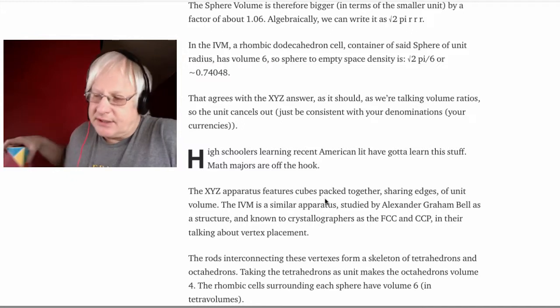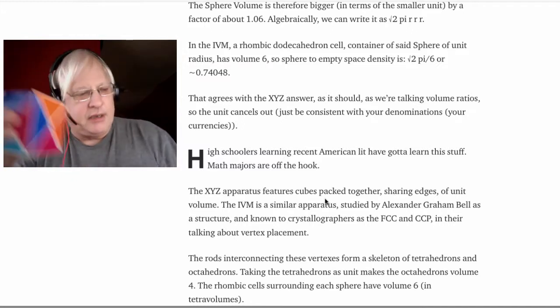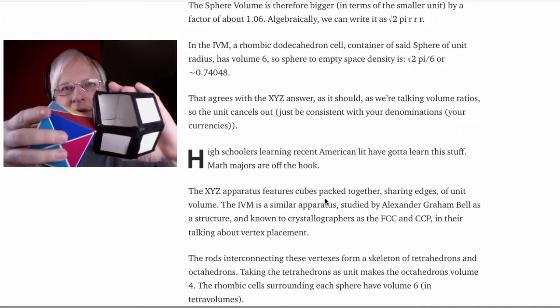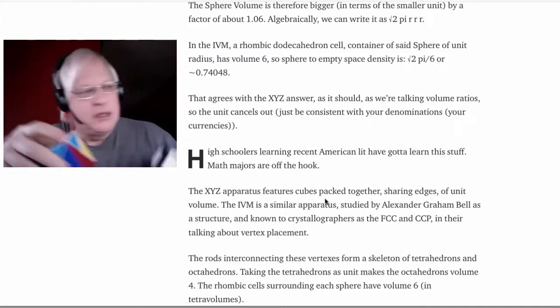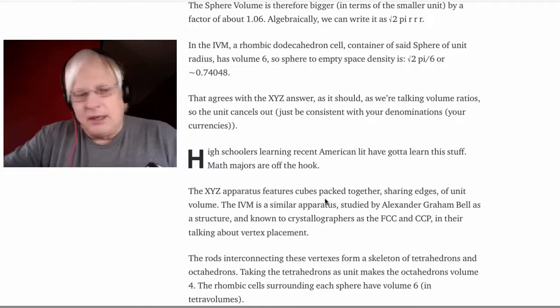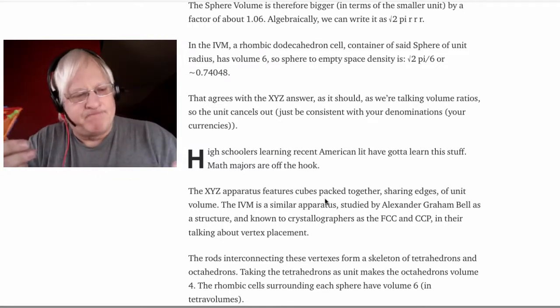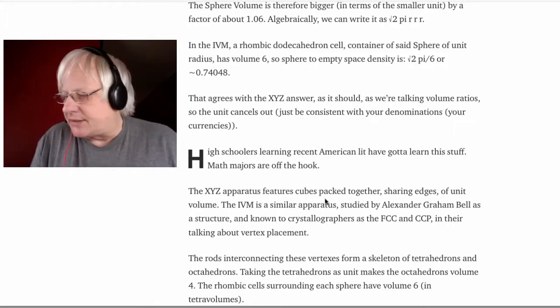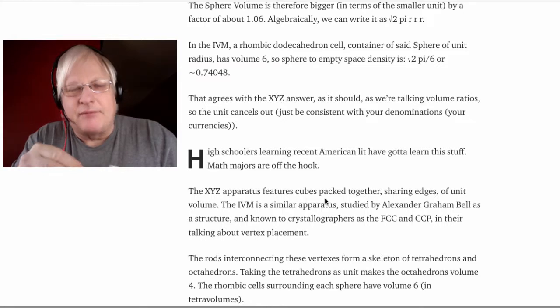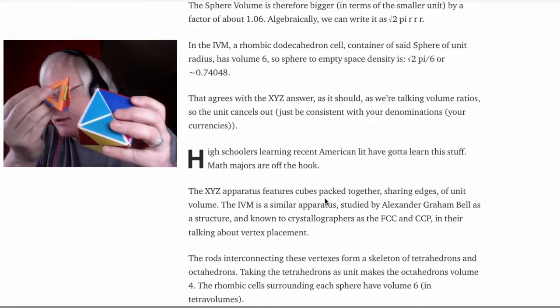Like XYZ and I both agree that if the short diagonal of my rhombic dodecahedron is equal to that of the cube, and if the tetrahedron has a volume that's also, the tetrahedron has to have an edge that's the same as the face diagonal of the cube, which this one does not.